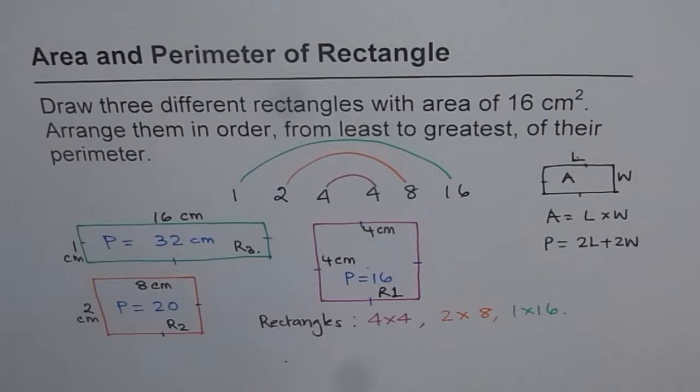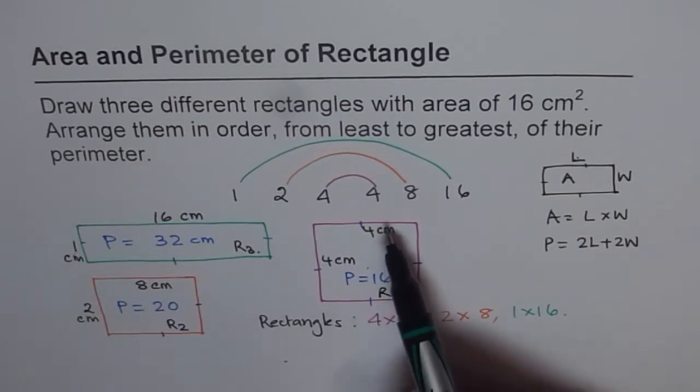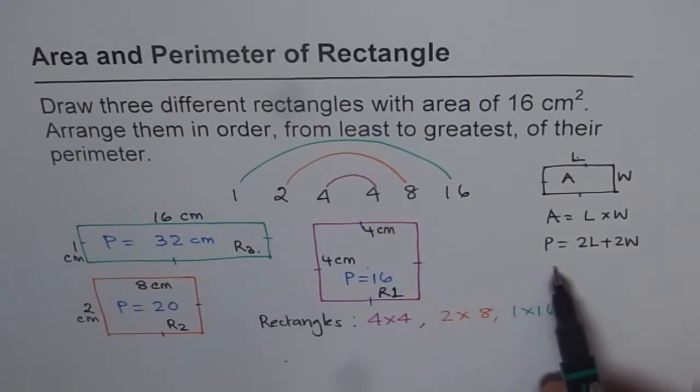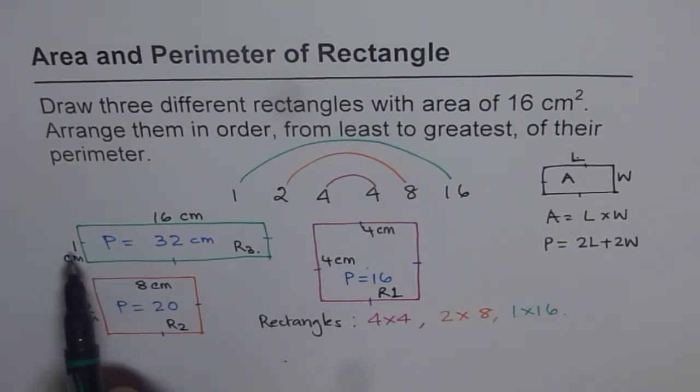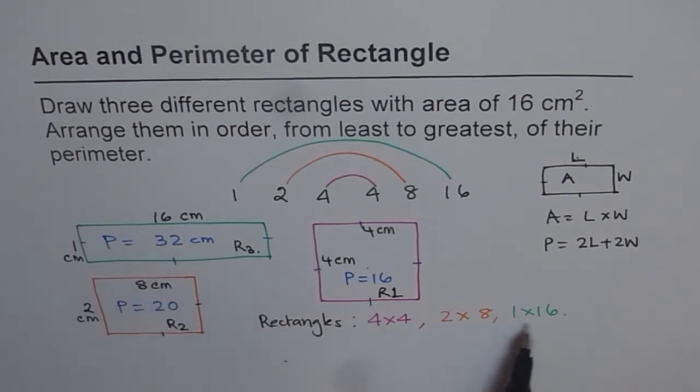What do I notice? The one which is kind of square has got the least perimeter. As I compress it and make it flatter and flatter, the perimeter increases. So the one which is really very flat, 1 times 16, has got maximum perimeter. So do you observe all these things?